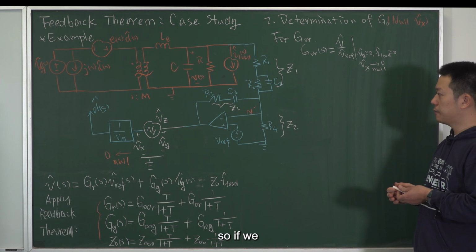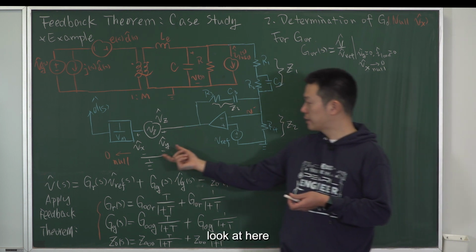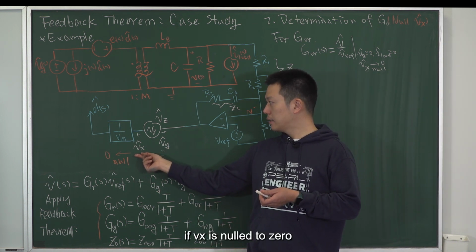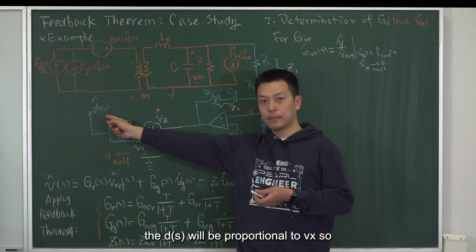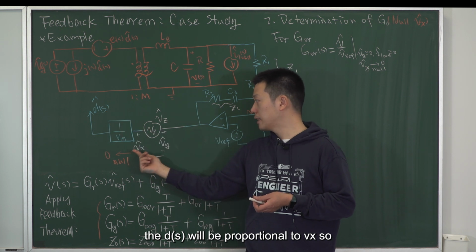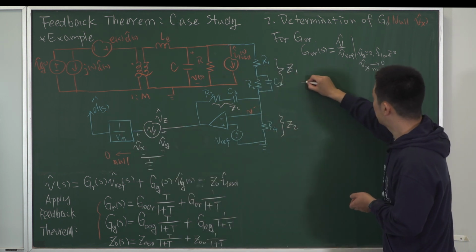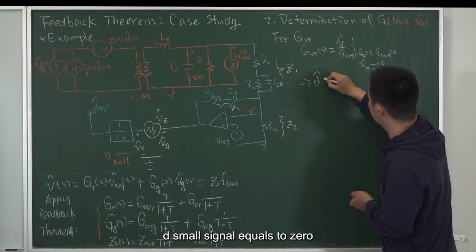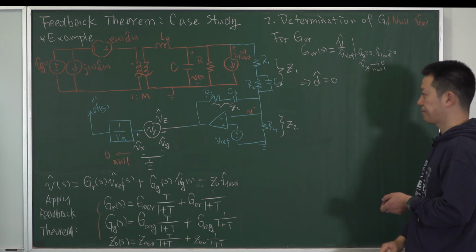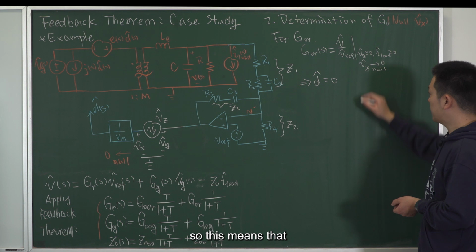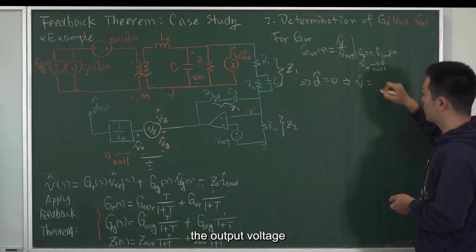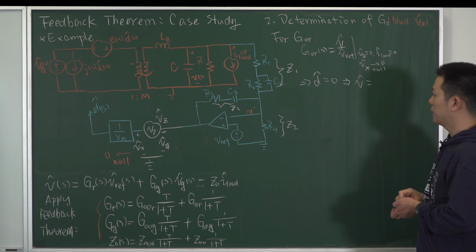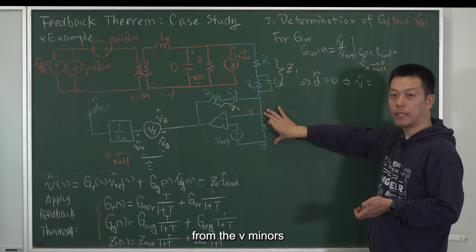So if we look here, if Vx is nulled to 0, ds will be proportional to Vx, so d small signal equals 0. So this means that the output voltage can be found out from the V minus, right?